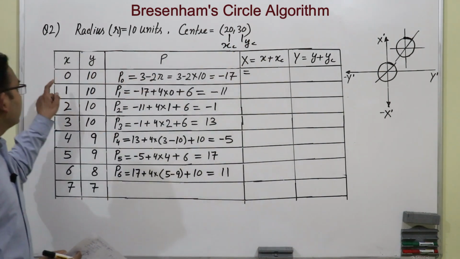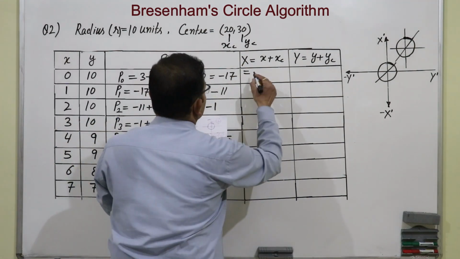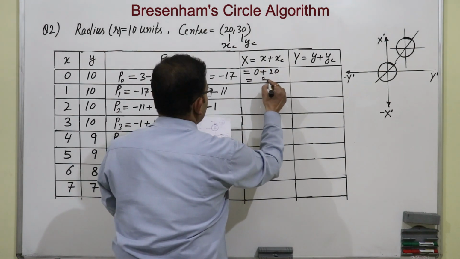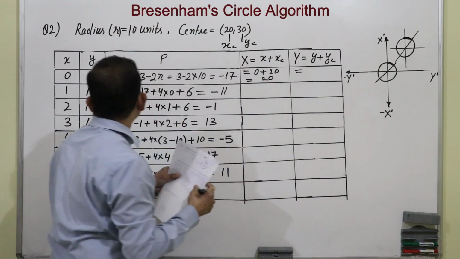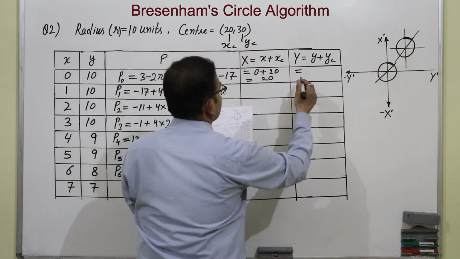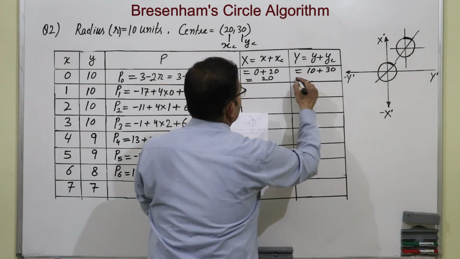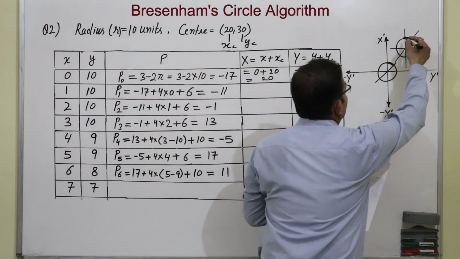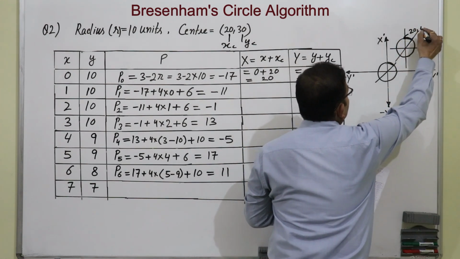So, x is 0 plus 20, equal to 20, y equals 10 plus yc, plus 30, equal to 40. So, the coordinate of the topmost point is 20, 40.